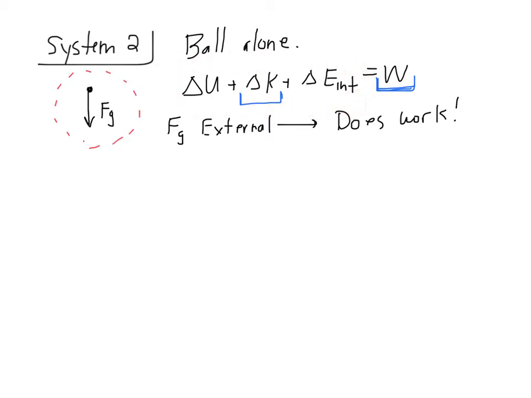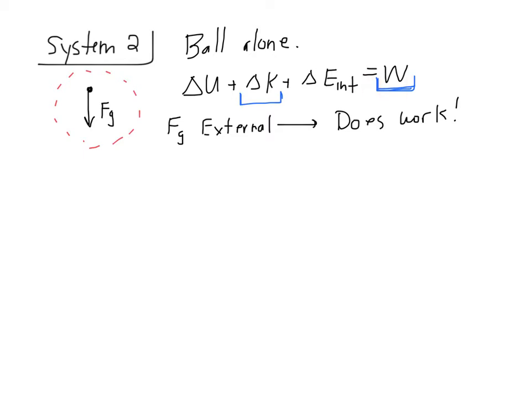We don't have any potential energy due to gravity because the Earth is acting through gravity outside of the system. The Earth is outside the system. This is just some force acting on the ball. You can also think of it like we're going to put that into W, so you don't want to put it in two places. There's not going to be a change of potential energy and the work due to gravity. It is either going to be the work due to gravity or the potential energy due to gravity. And because we're external, it's going to be through the work.